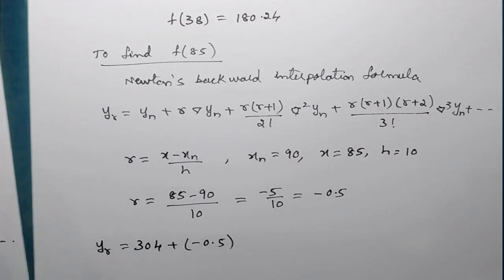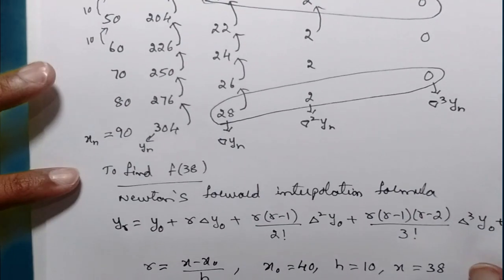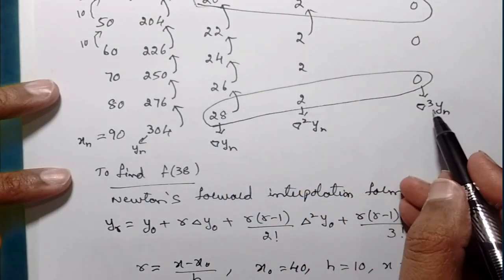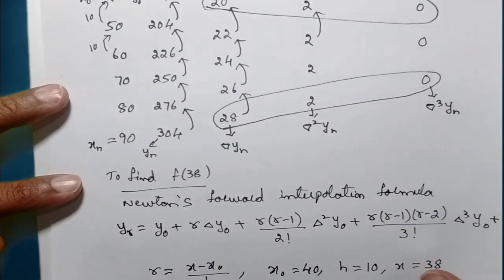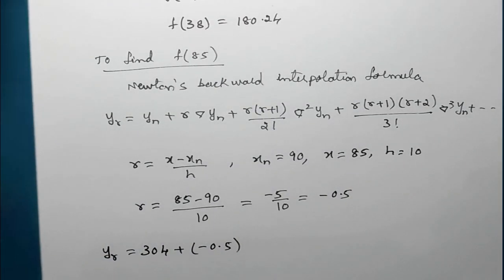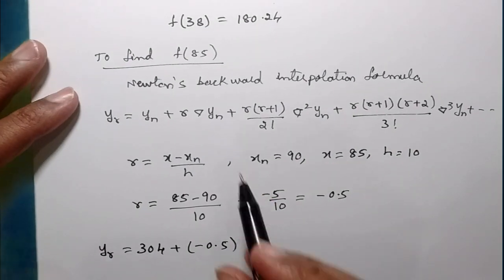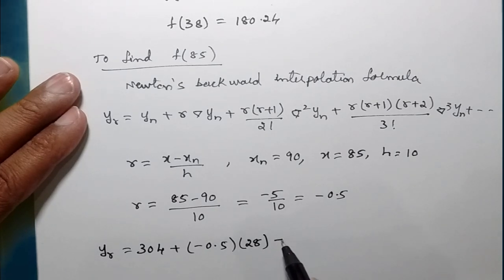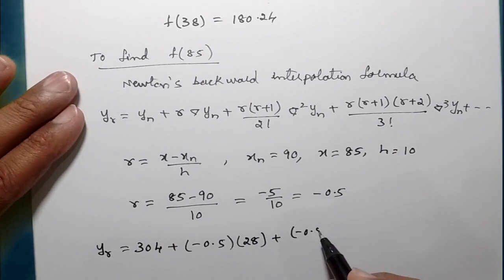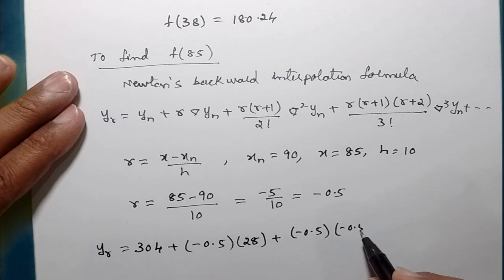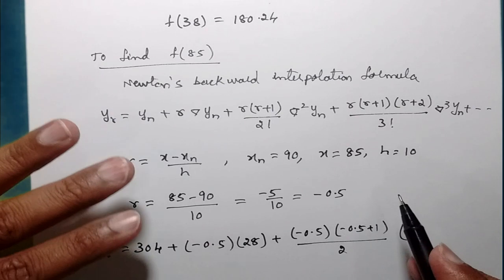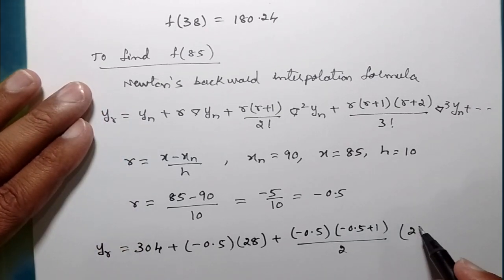You can check the leading backward differences from the table. Nabla yn is 28, second difference is 2, third difference is 0. So you can just plug in those values. So minus 0.5 into 28, plus r value minus 0.5 into minus 0.5 plus 1 divided by 2 factorial, into nabla square yn value, which is 2.